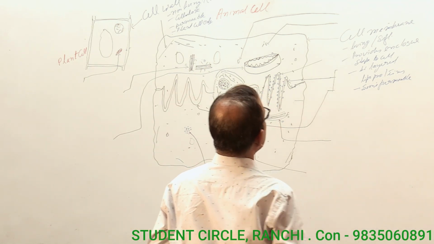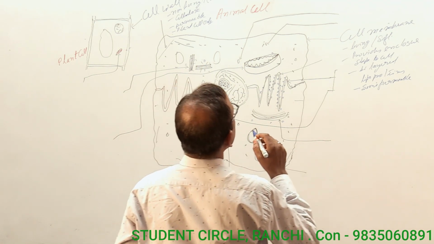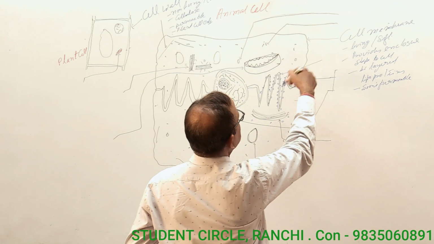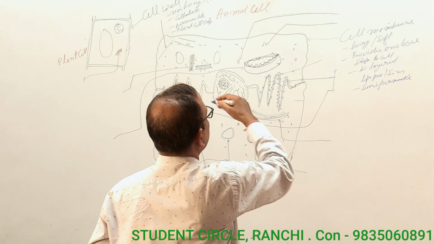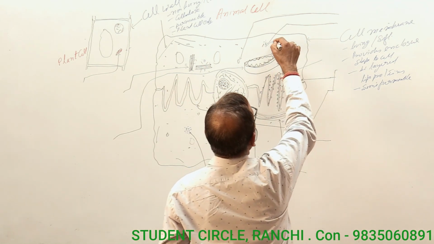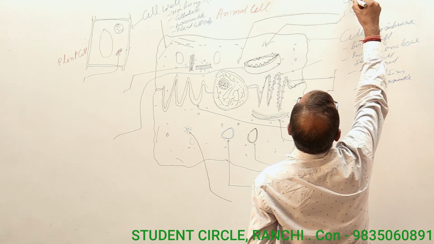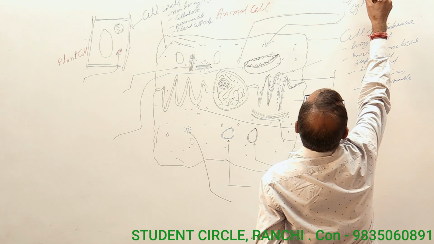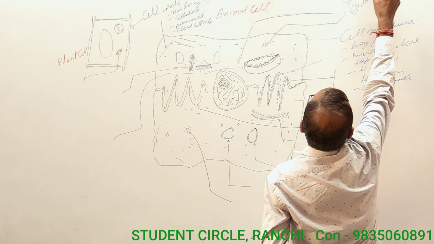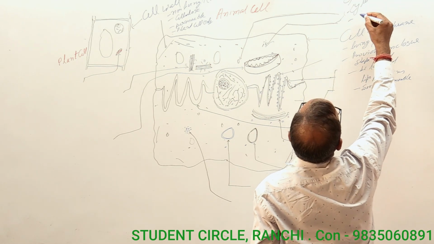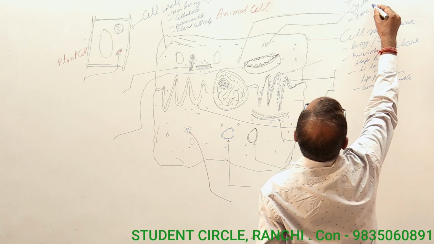The next one is, inside the cell wall, enclosed by the cell wall, we have a jelly-like fluid called cytoplasm. Cytoplasm is made up of cytosol and inclusions.